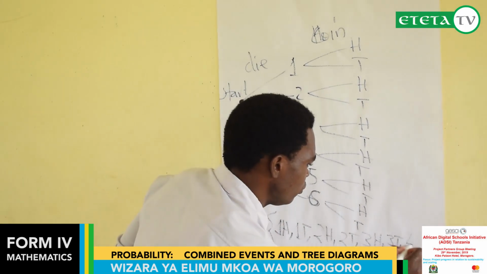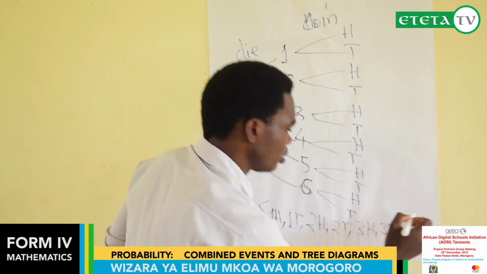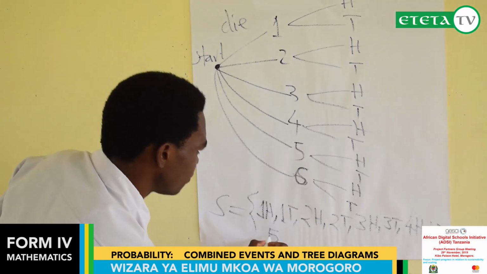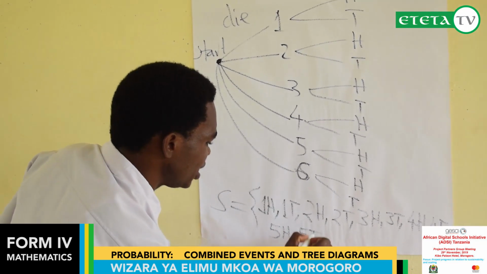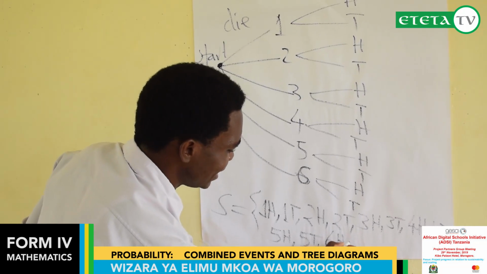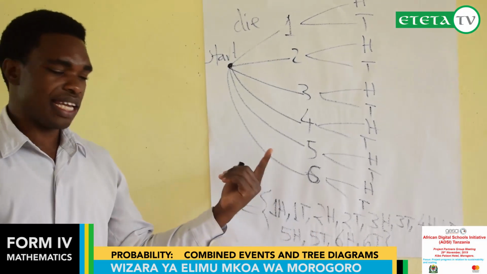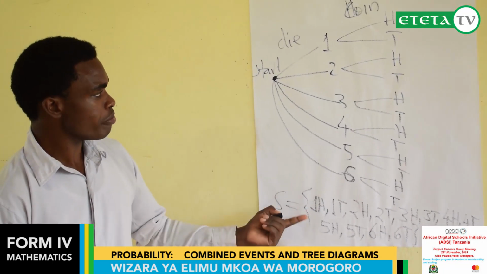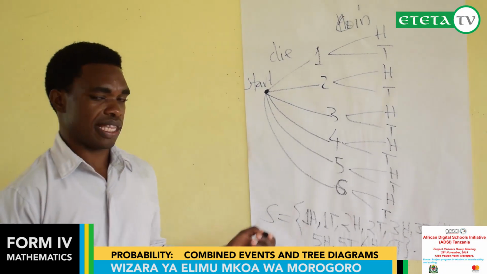We'll have 4 head, and 4 tail. But also it can be 5 head and 5 tail. We have also 6 head and 6 tail. So these are all the possible outcomes that you can observe when a die and a coin are tossed together.